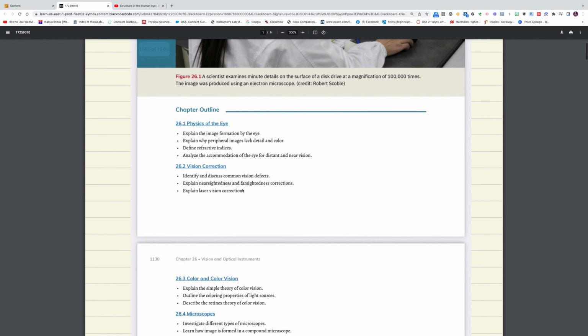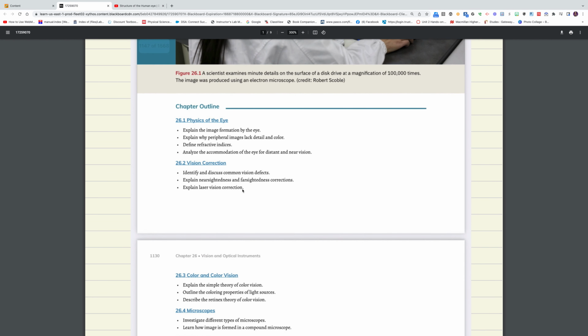Everybody, I think, in the class knows about farsightedness and nearsightedness, and we're going to see how we are going to correct these, and what will be done.